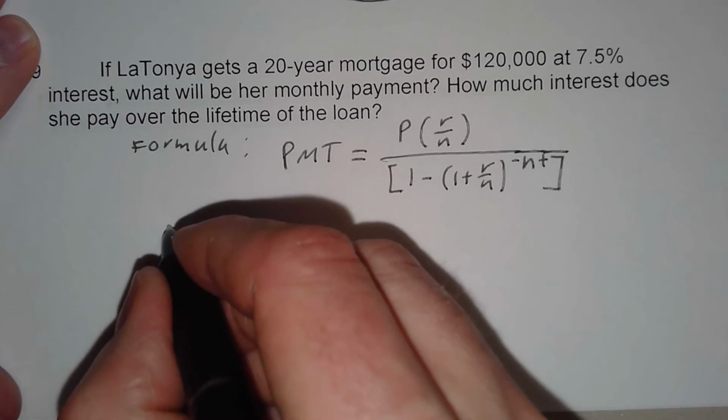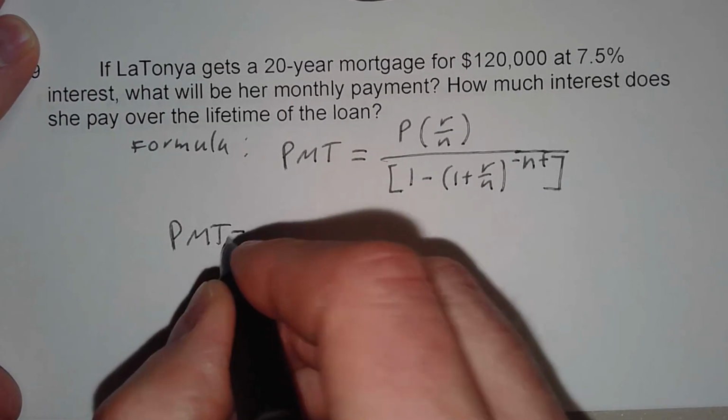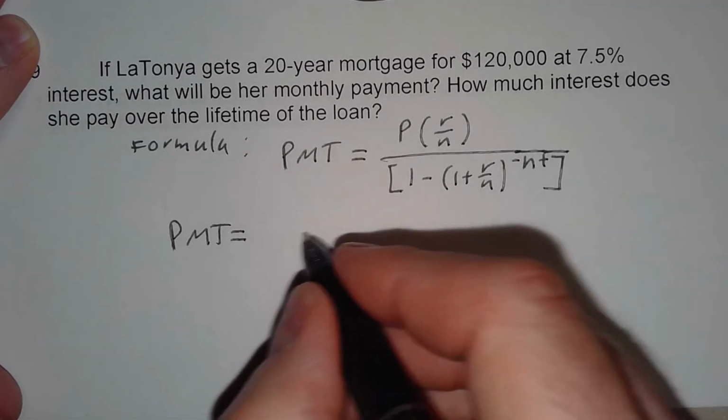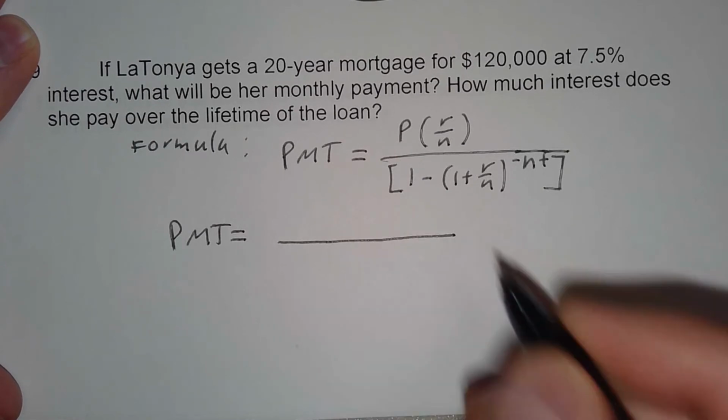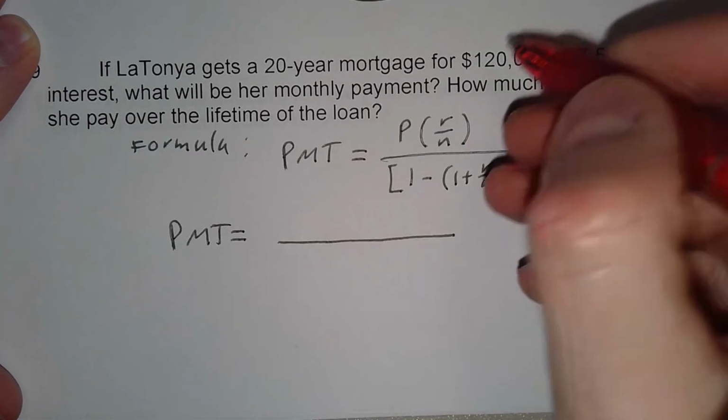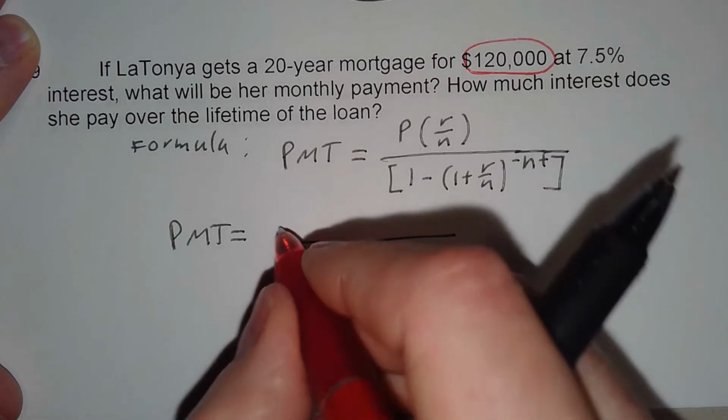Now let's plug in our numbers. Well, we know what P is. That's 120,000.